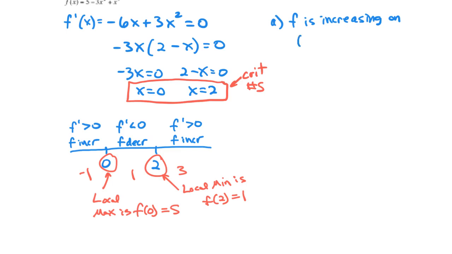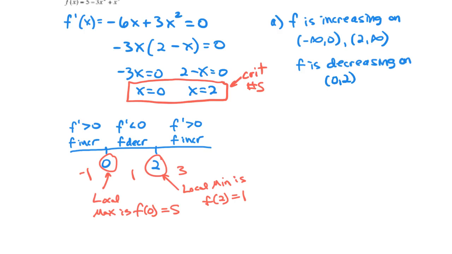So we've got negative infinity to 0, and also 2 to infinity. And f is decreasing on, right here the function is decreasing on this interval from 0 to 2. Decreasing from 0 to 2.